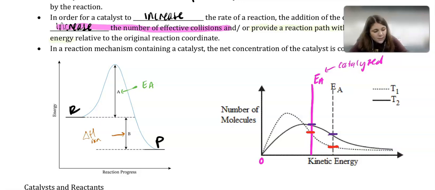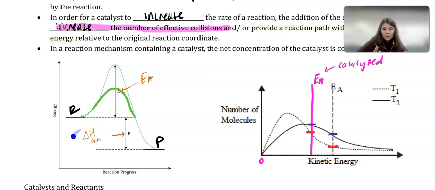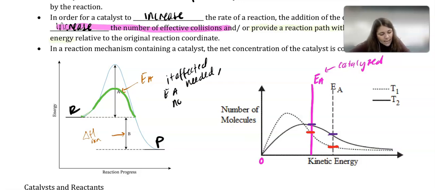If we add a catalyst, here, it's going to lower the activation energy. So here would be an effective way of showing a catalyst was used. Here, if you notice, it did not affect the reactants and products energy, which did not affect delta H reaction. All it did was drop the activation energy lower for that required energy to get over the reaction, okay? So here, it affected activation energy needed, not delta H reaction, okay?